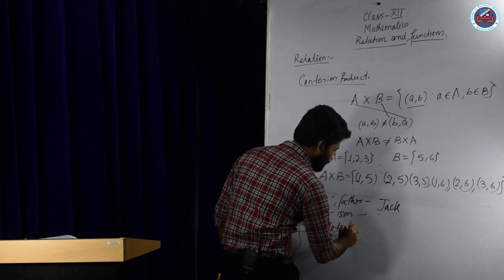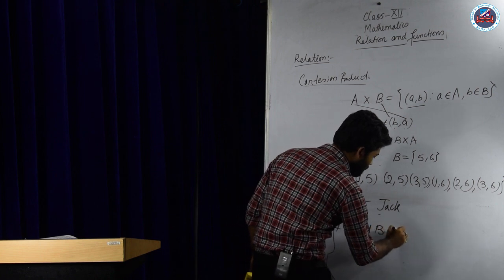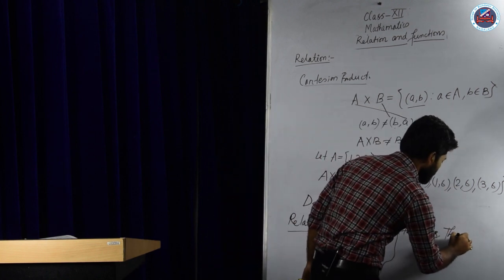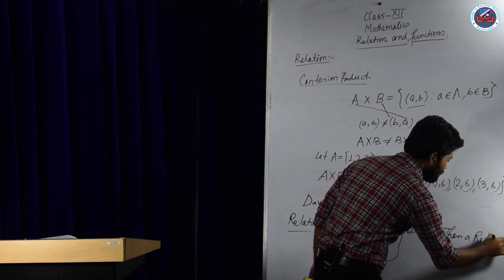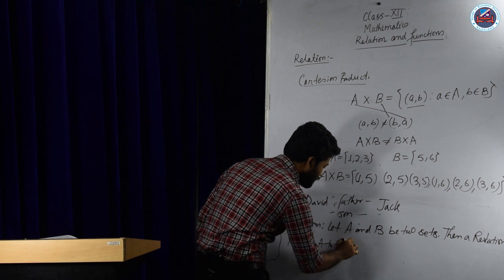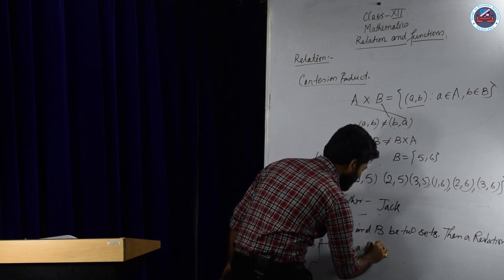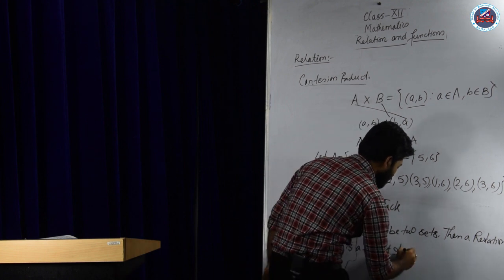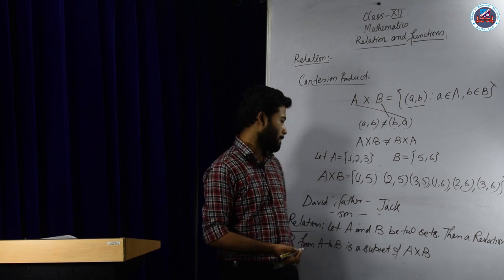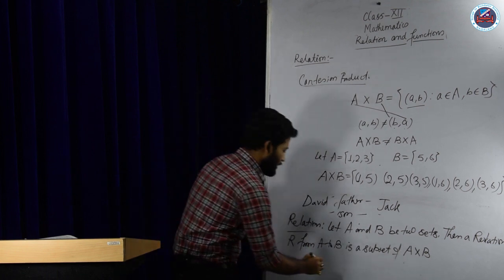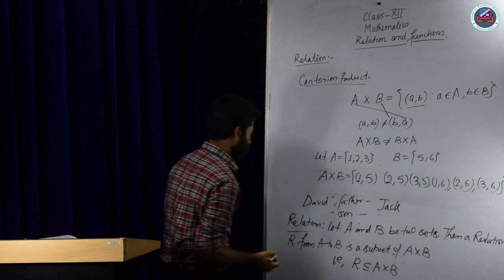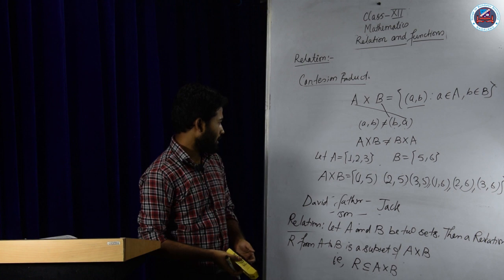Let us consider two sets A and B. Then a relation R from A to B is a subset of the cross product A cross B, or we can say is a subset of the Cartesian product of A and B. That is, I can write R is a subset of A cross B. Is it clear? Okay.